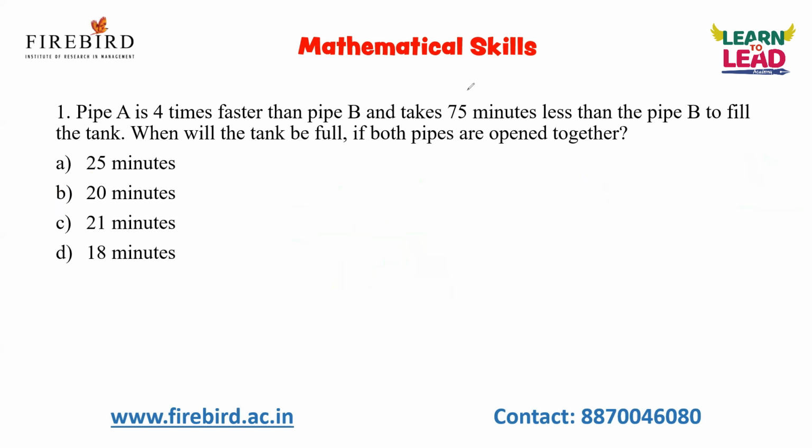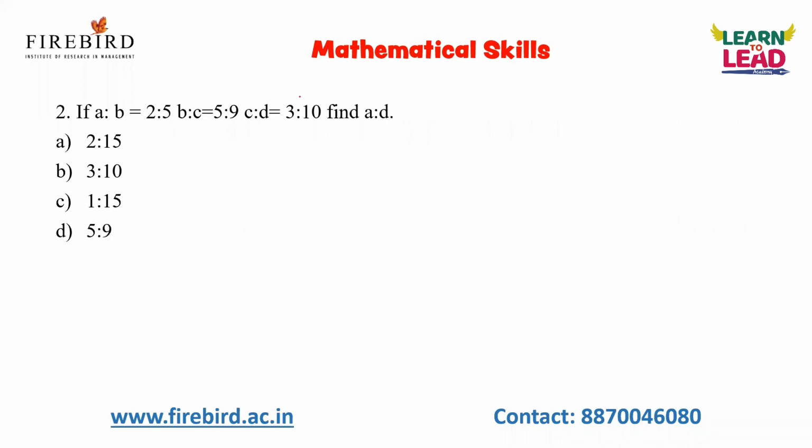Now, let us move on to the next question. See, this is a question based on ratio. And you should be thorough with the ratio concepts because these kinds of questions are very repeated. So, you may get confused. A is to B, we should write in the form B is to C, C is to D. If I write it, 2 is to 5, and then 5 is to 9, and then 3 is to 10.